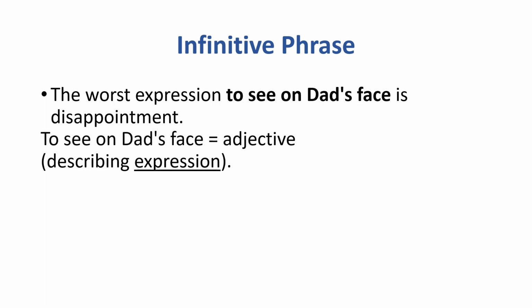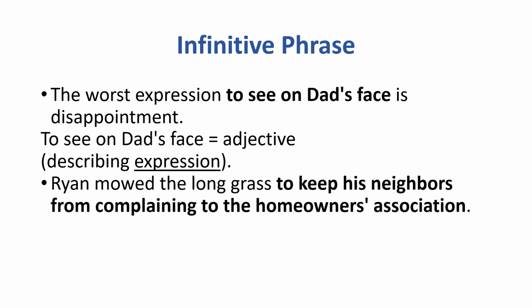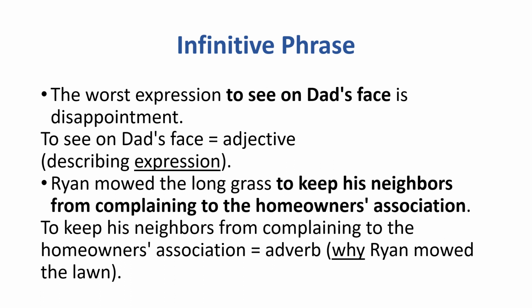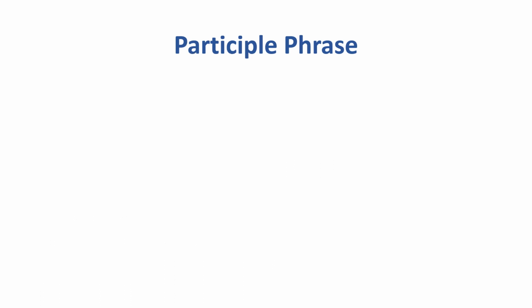To see on Dad's face is basically an adjective because it is describing the expression. Rayan mowed the long grass to keep his neighbors from complaining to the homeowners association. To keep his neighbors from complaining to the homeowners association, this whole thing is an adverb because it is telling us why Rayan did that particular thing in the lawn.